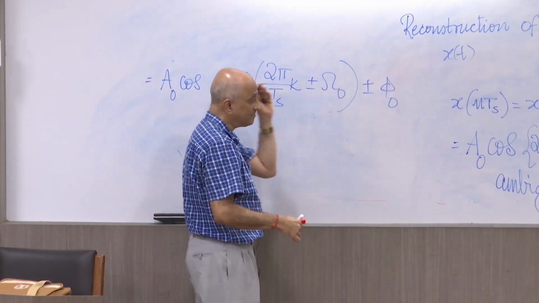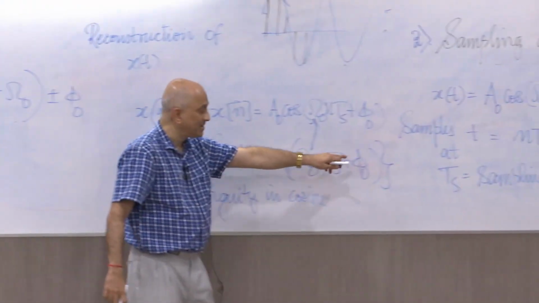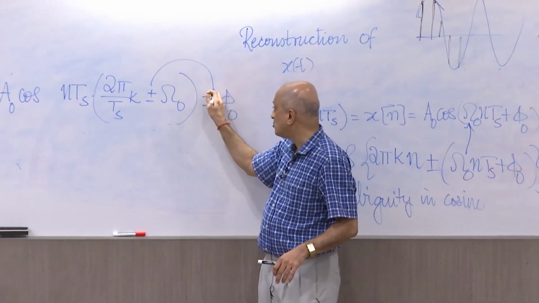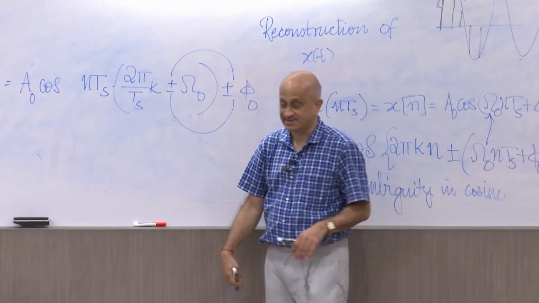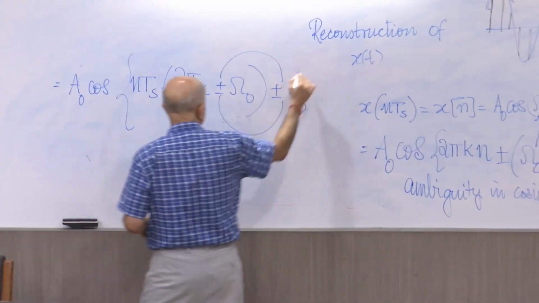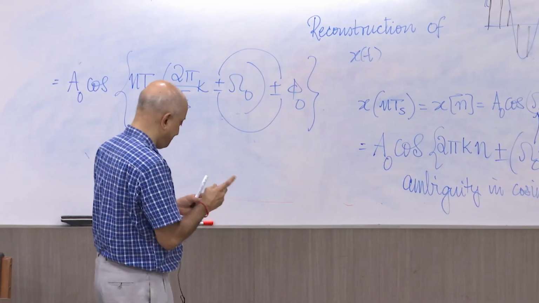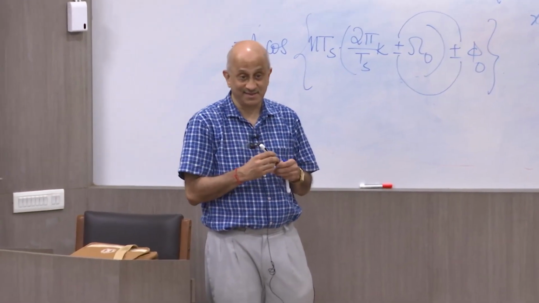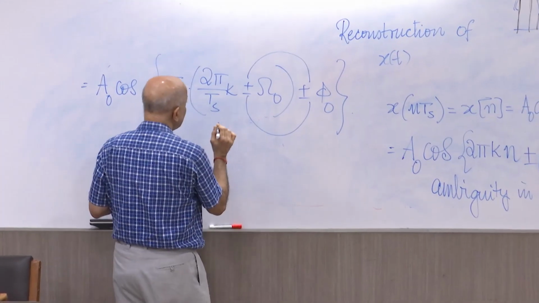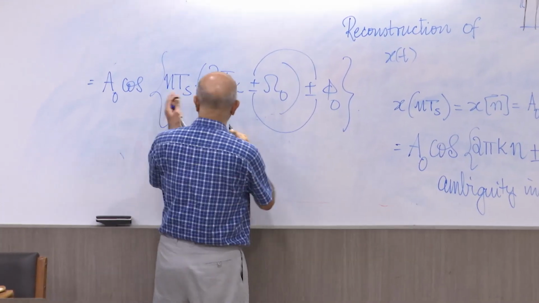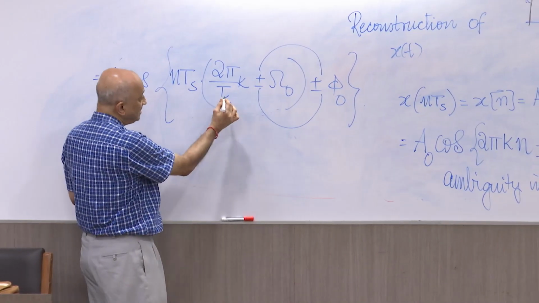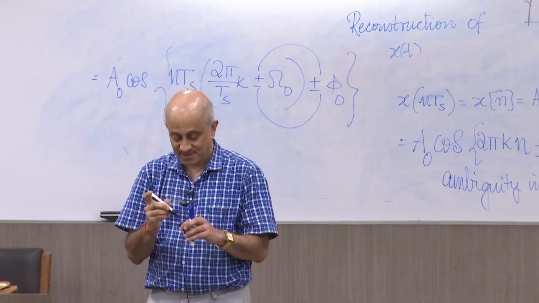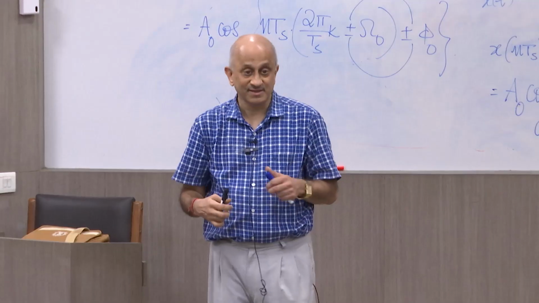Remember, when there's a plus here, it must go with the plus, and when there's a minus here, it must go with the minus. It's not all four possibilities. Agree with me? What is the interpretation of this? All sinusoids with these frequencies would have produced the same samples at the same points. It's obvious.